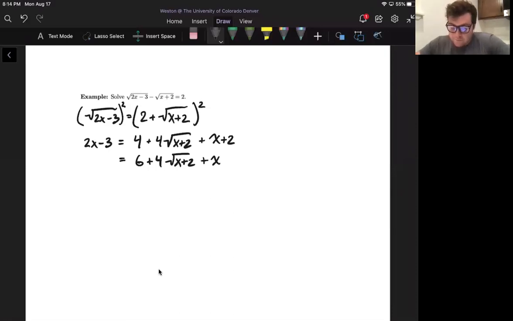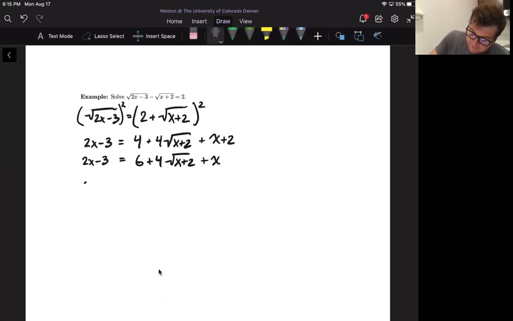And at this point, maybe you think, oh, this actually is fine, because we saw in the last equation, we know how to handle it when we have just a single square root. All we're going to do now is just isolate the square root on one side of the equation. So we'll subtract our 6 and our x over.